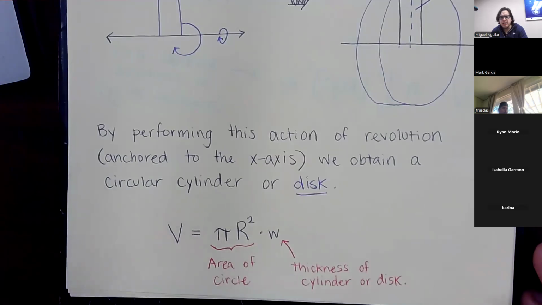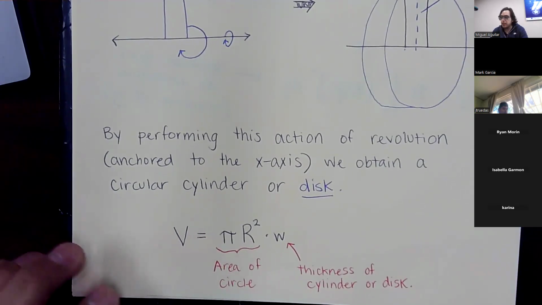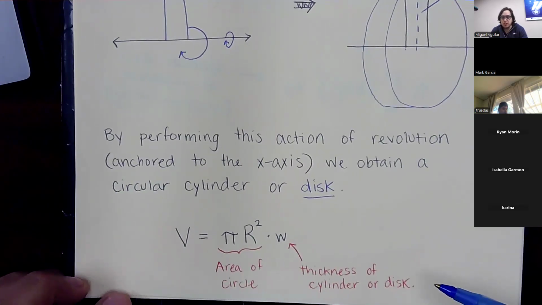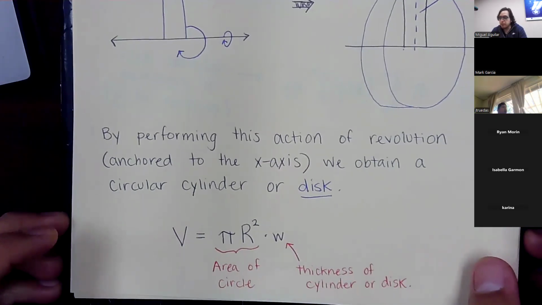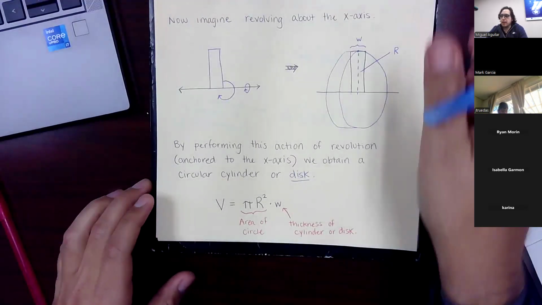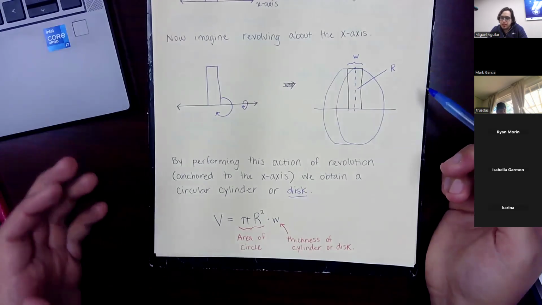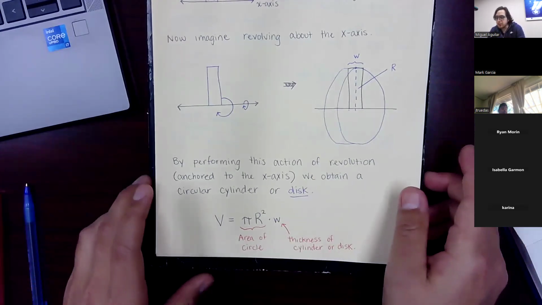Again, back in middle school or high school, when you took geometry, you probably calculated the volume of a cylinder just by doing this very thing, finding the area of the circular part and then multiplying it by the height or the length of the cylinder. But now we're in calculus and we want to think about this as not just these simple cylinders, but maybe a little bit more complicated shape that is cylindrical in nature.